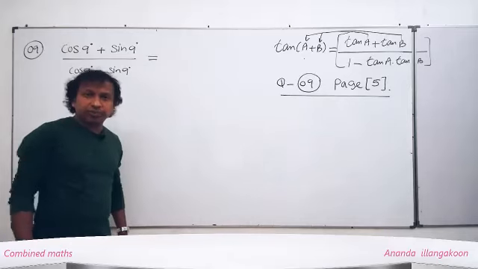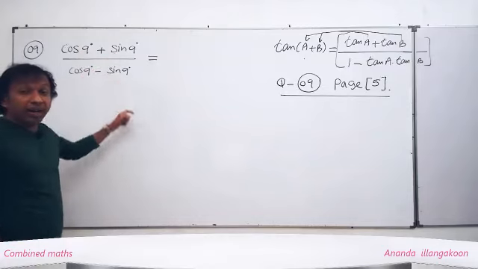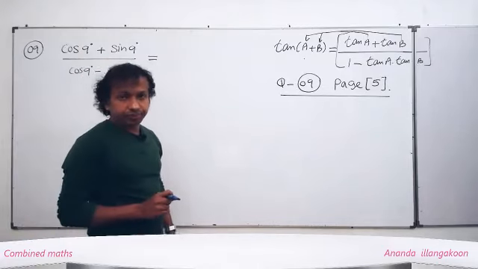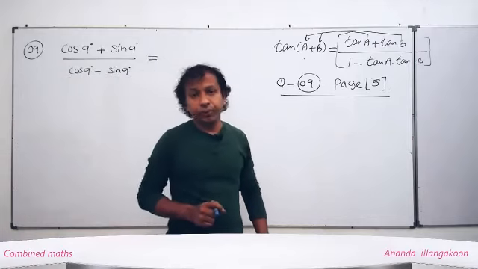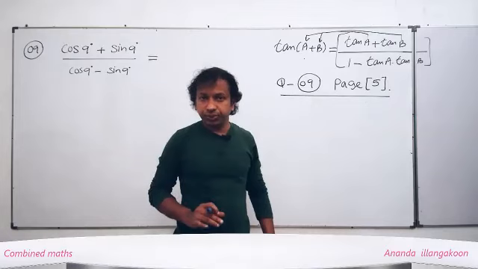Using that fact, what I do is I divide these two terms and these two terms by cos 9. By cos 9, I am going to divide both numerator terms and denominator terms, right?